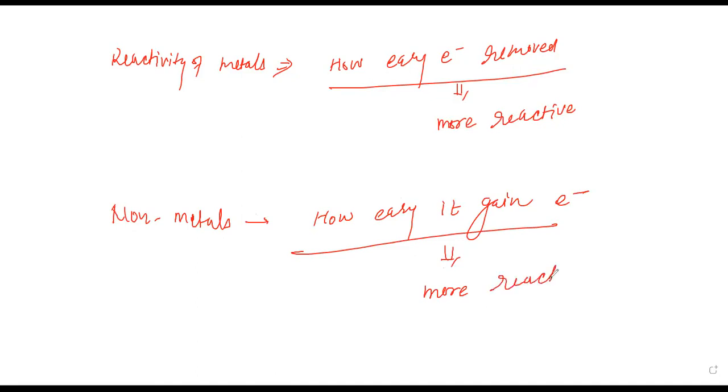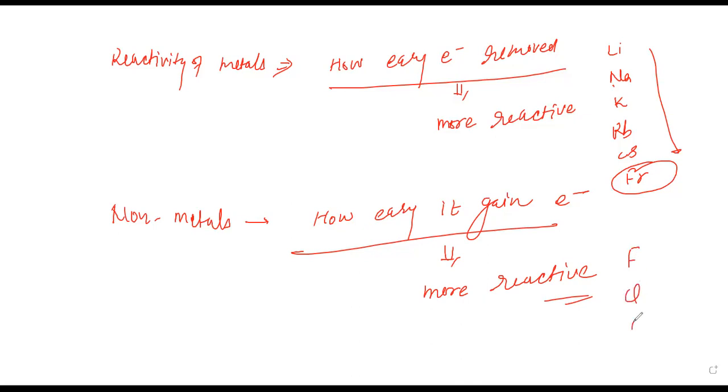So the reactivity for metals and non-metals is different. Suppose I talk about lithium, sodium, potassium, rubidium, cesium, francium: the most reactive will be francium because its ionization energy is less. But if you talk about fluorine, chlorine, bromine, which is more reactive?